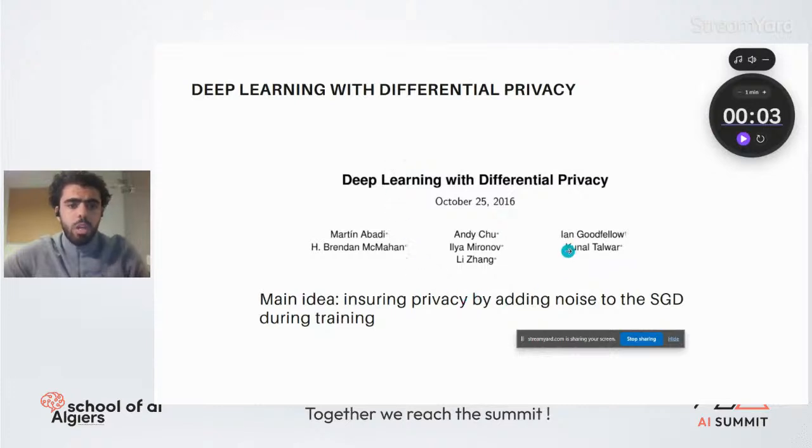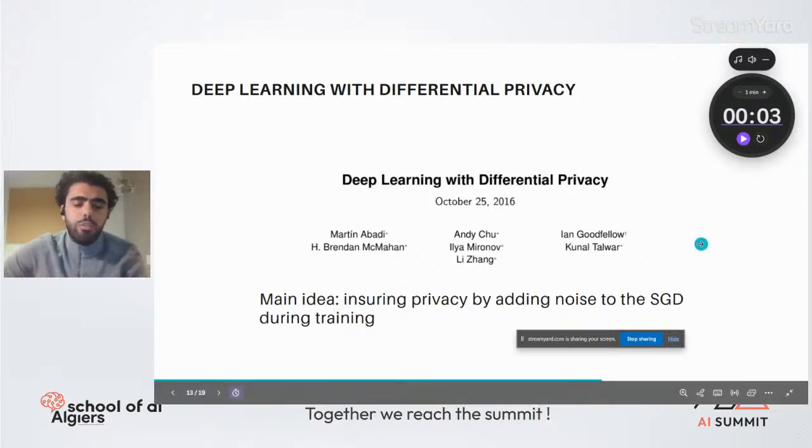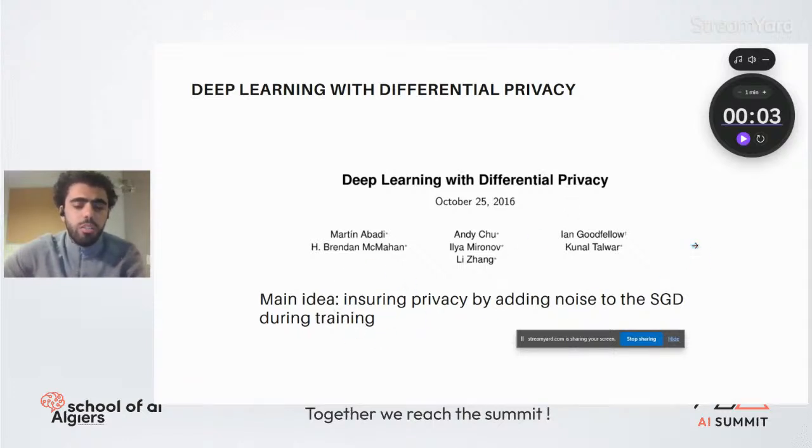So now, an interesting paper was published in 2016, Deep Learning with Differential Privacy, which had as its main idea ensuring privacy by adding noise to the gradient of the stochastic gradient descent algorithm during training.